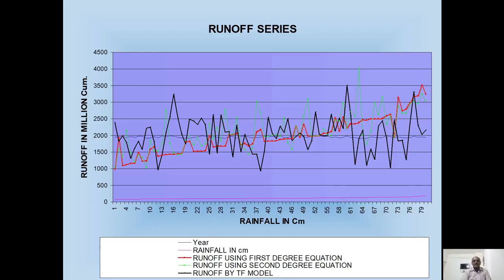These are the runoff series that we have obtained for 80 years. The rainfalls are given in centimeters on the abscissa, and on the ordinate are the runoffs expressed in million cubic meters. The red line indicates the first degree equation, the green line indicates the runoffs obtained by using the second degree equation, and the black line shows the runoffs obtained by the Thomas Fiering model.